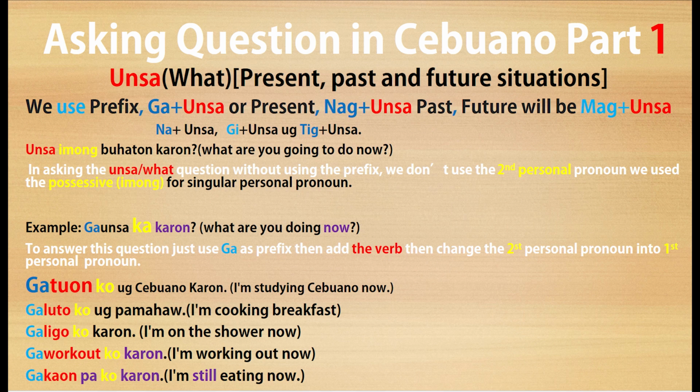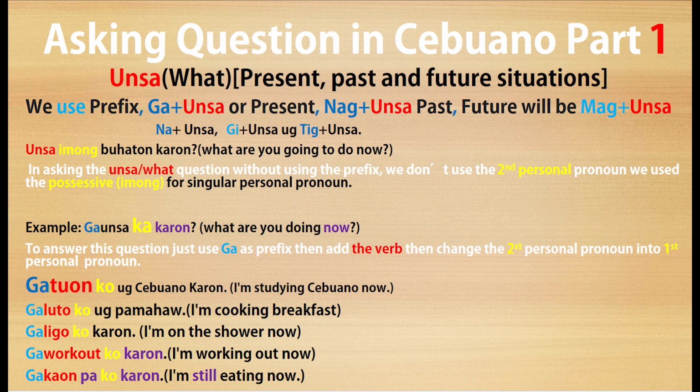We also did not put the buhaton. Buhaton is do or to do. What are you going to do? So, gaunsa ka karon. Right now, what are you doing? You just have the ka, not the imong, and without the buhaton also.